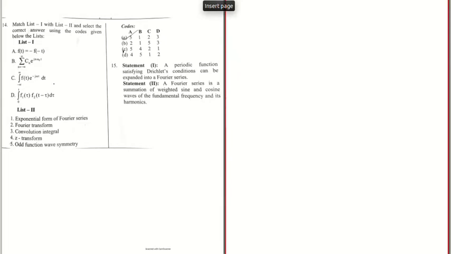So the last question, match list 1 with list 2. F of t is equal to minus of f of minus t. That means odd function wave symmetry, right? A to phi. And the next one is Cn e raised to jn omega 0 t, that is our exponential form of a Fourier series.